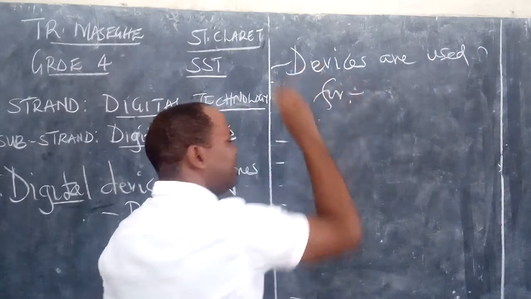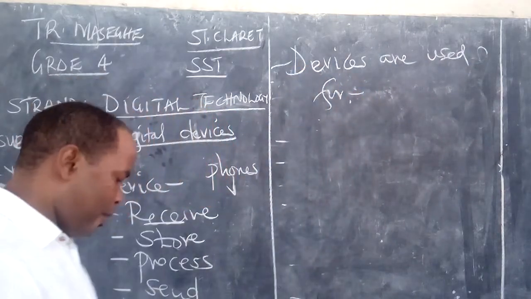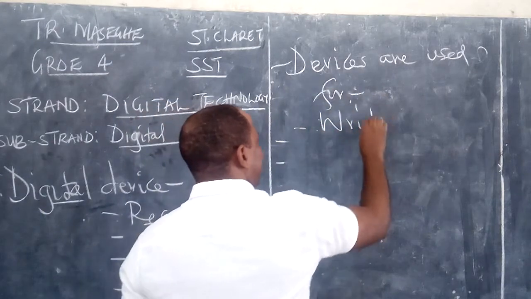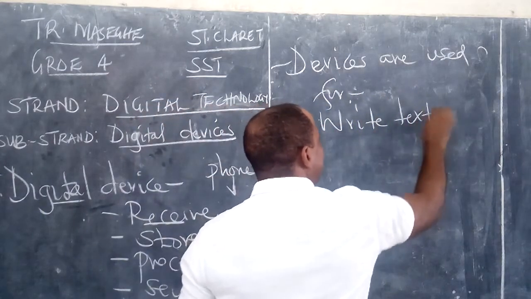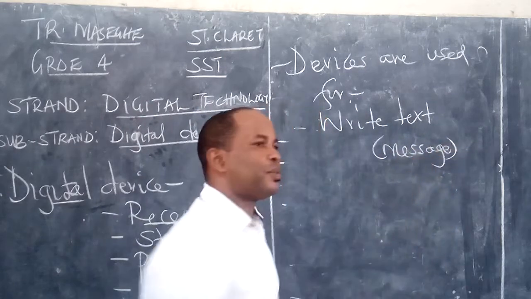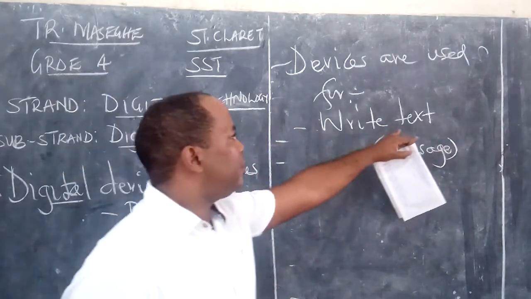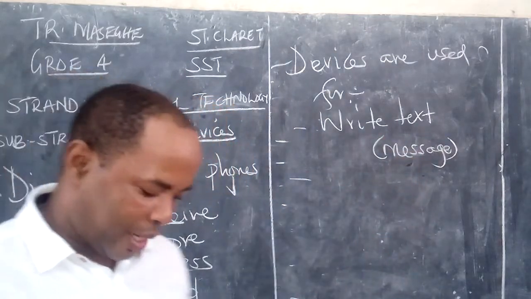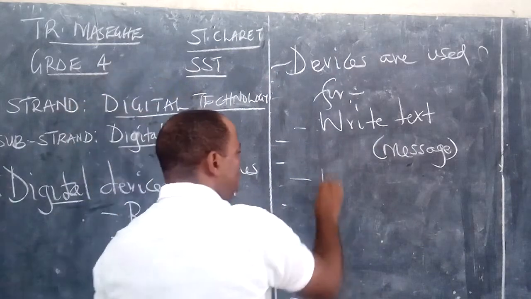You can name one, let's say a phone. You can say it is used, one, to write a text. What I mean by a text is just a message. Text means you're texting, that is, you're writing a message. Another use of these devices, they can also be used to record.